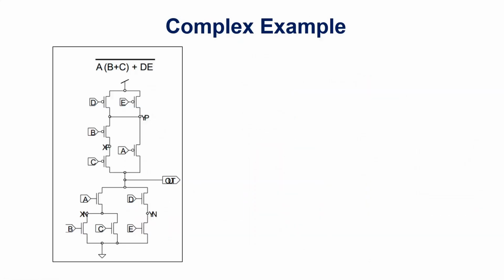So let us solve a more complex example so that it can be very clear to us. This is the expression given, and we have designed the circuit according to this expression. Now let's trace the Euler path. First consider CBADE.